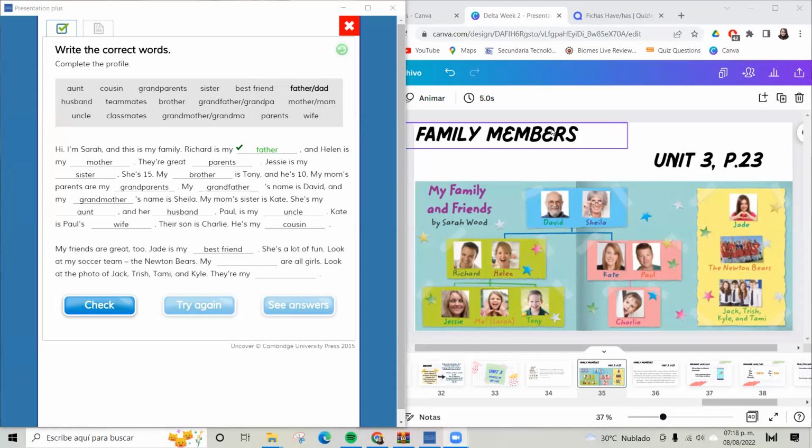En inglés no. Friend puede ser hombre o puede ser mujer. So in this case, if I say, oh, I have had a best friend for 15 years. He tenido un friend por 15 años. Y ustedes no saben si mi friend es hombre o si es mujer. So it's gender neutral.